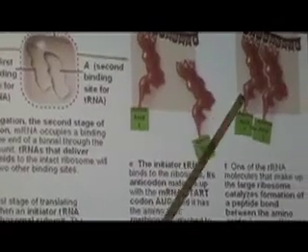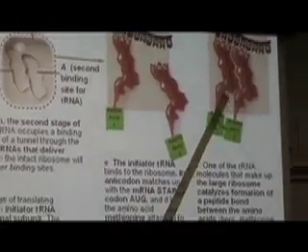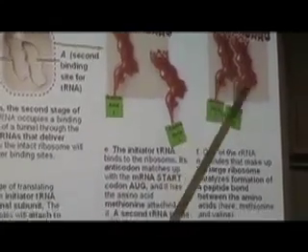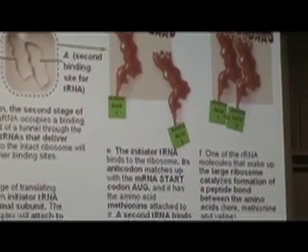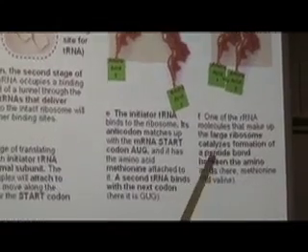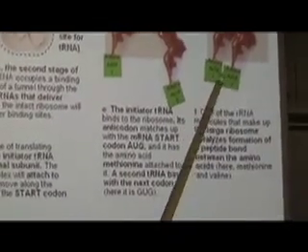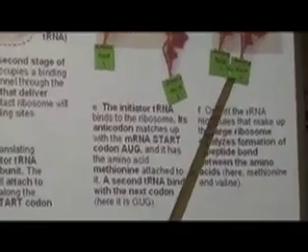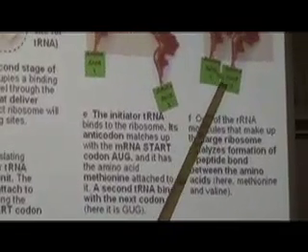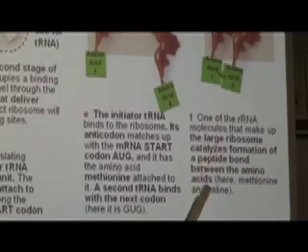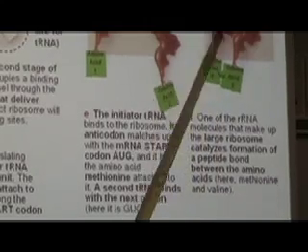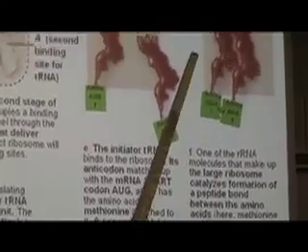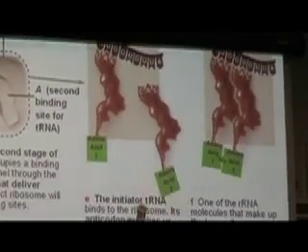And now we have 2 tRNAs, one in the P site and one in the A site. Now, the inside of the large ribosomal subunit is very acidic, and that catalyzes the formation of a peptide bond, which is a covalent bond that joins between 2 amino acids. So we can see this little link here, amino acid 1 joins with amino acid 2, and then we're going to release the tRNA from that first P binding site.